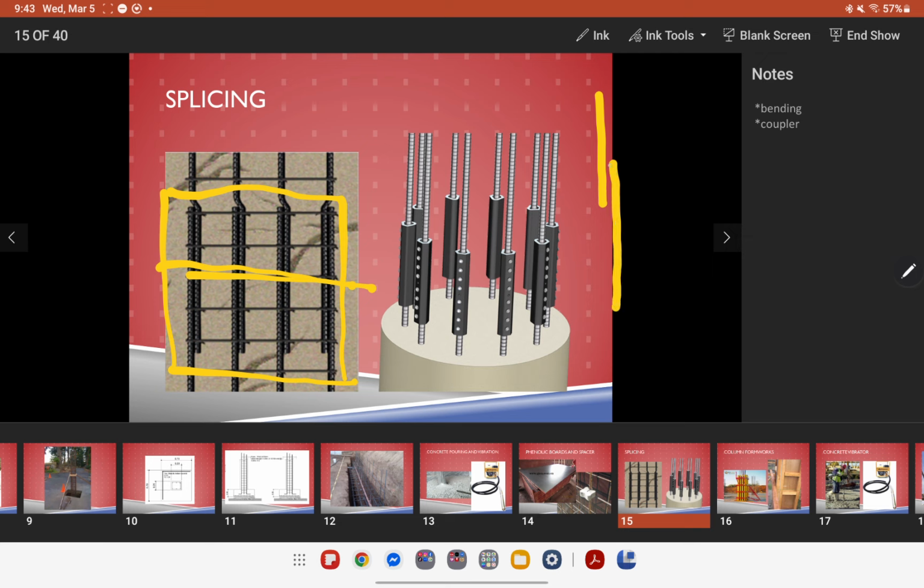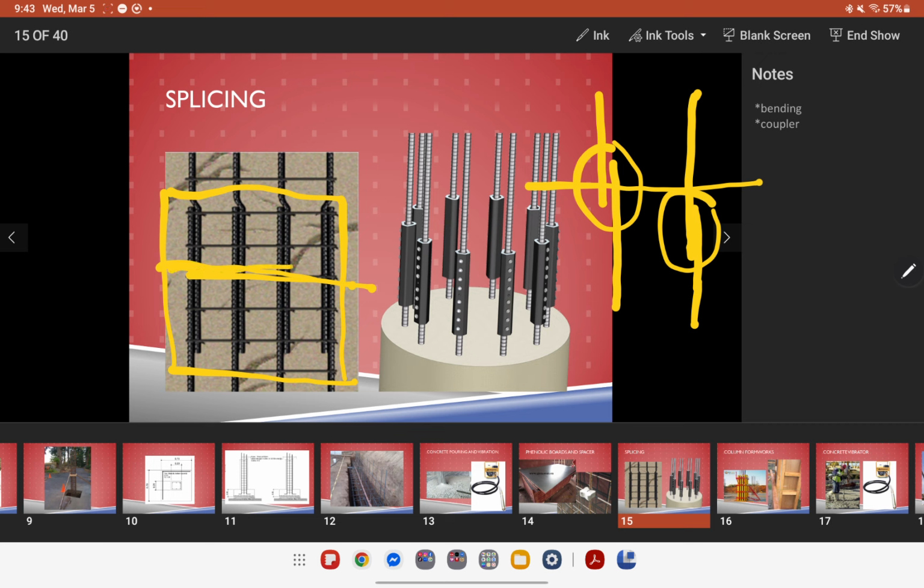So if this is where you're cut off, this bar, let's say for example these are vertical bars, the next splicing should occur somewhere lower than this or higher than this, as long as they don't fall on the same spot. Because again, if you follow this kind of arrangement, this part is a weak link for the entire cross section.